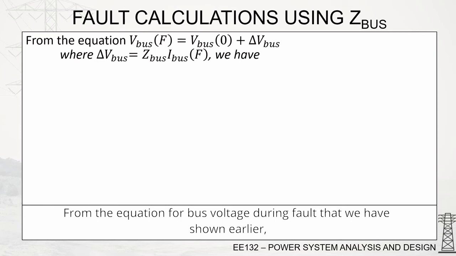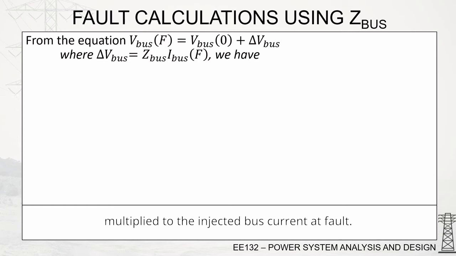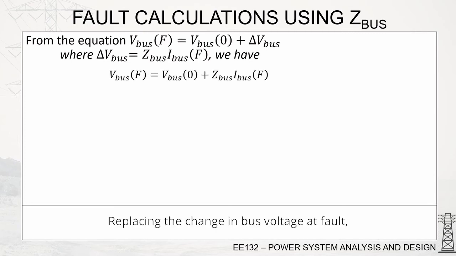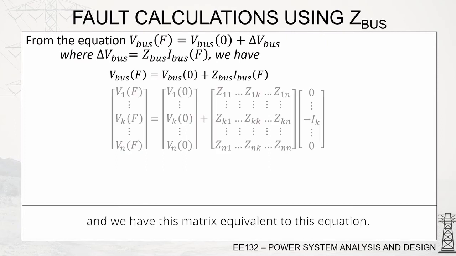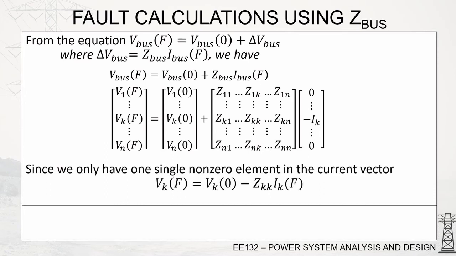From the equation for bus voltage during fault that we have shown earlier, where change in bus voltage at fault is equal to the impedance matrix multiplied by the injected bus current at fault, replacing the change in bus voltage at fault, we have this matrix equivalent to this equation. Since we only have one single non-zero element in the current vector, and that is at the negative I sub k row, then we will have this equation.